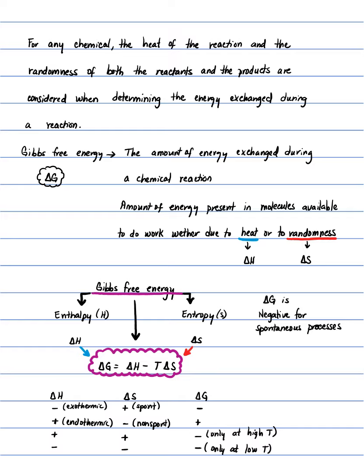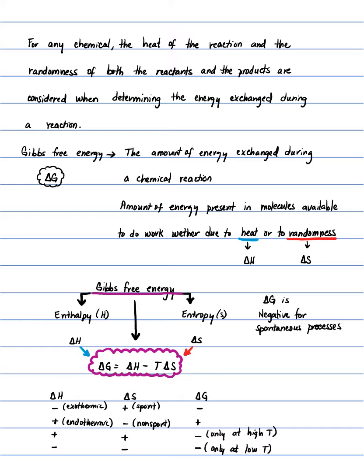Now let's think about this. When you have a negative sign for delta H, that represents an exothermic process. It means that amount of energy is being released from that process. That's that negative sign. Now when you have a delta S with a positive sign, it means that that process, whatever is happening, is becoming more disorganized.